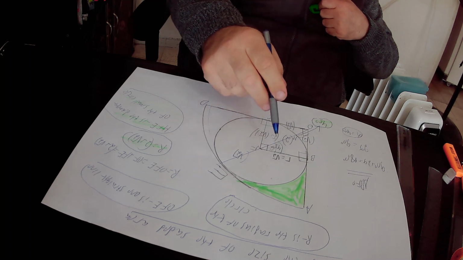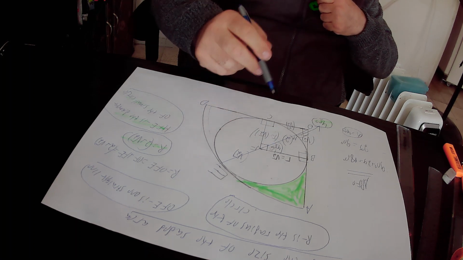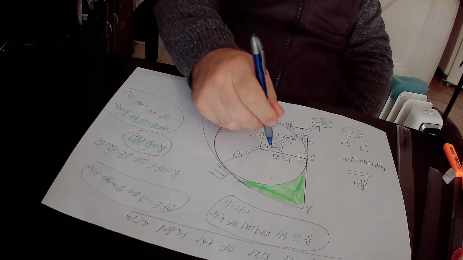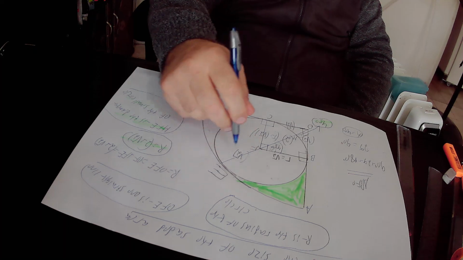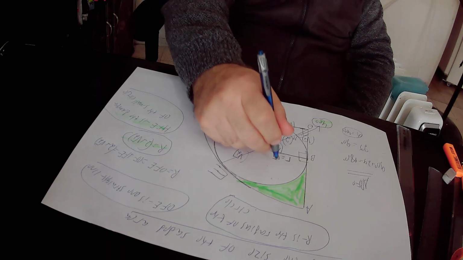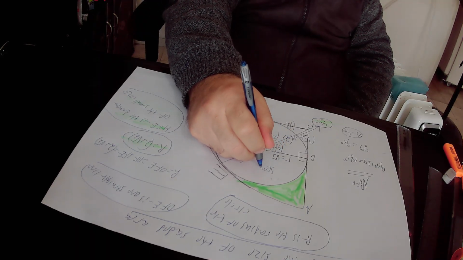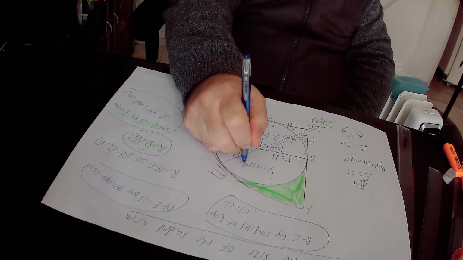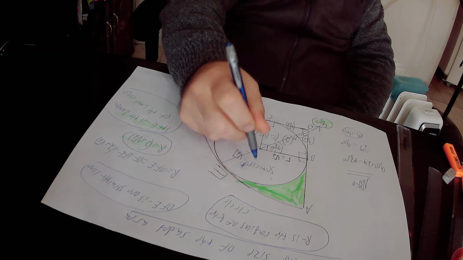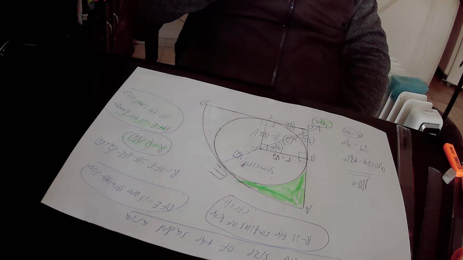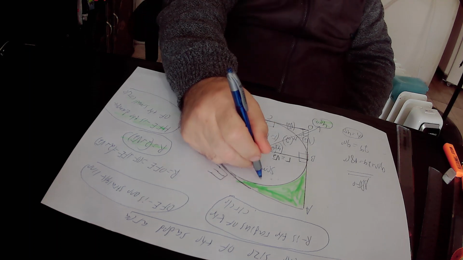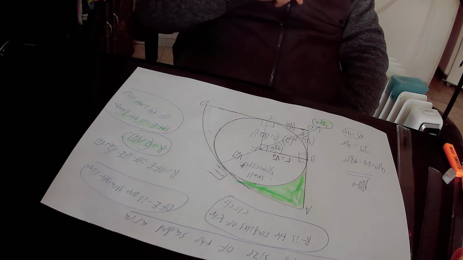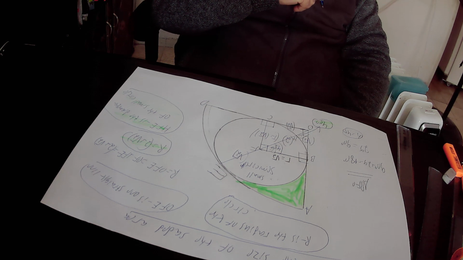So this is the first half, and this is the second half. Each half is defined as a semicircle, of course. So this shape is a semicircle, or we can define it as the small semicircle. Okay? The small semicircle.